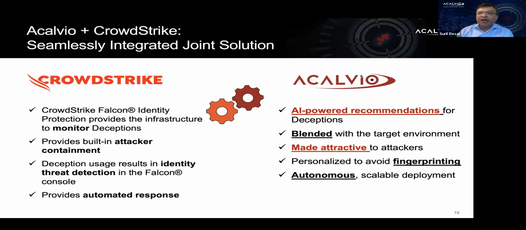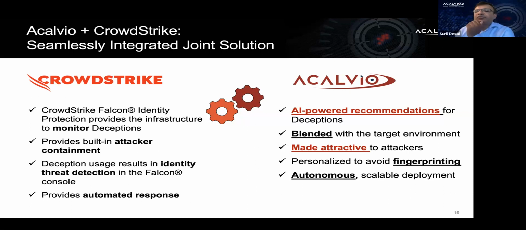Acalvio deceptions are also deliberately made attractive to attackers. The whole objective is to lure the attacker, or entice the attacker, to go towards the deceptive Honey accounts and Honeytokens. And in order to do that, there is a whole bunch of techniques that Acalvio leverages. The value proposition of that is to make it attractive so that the attacker will get enticed and will go towards the deceptive identities and then protect the actual enterprise assets.